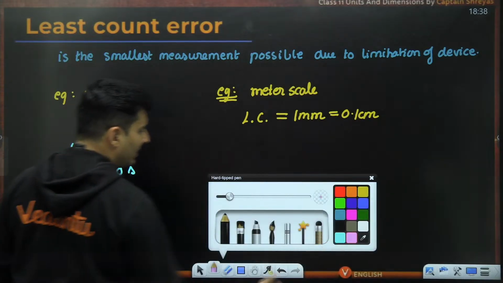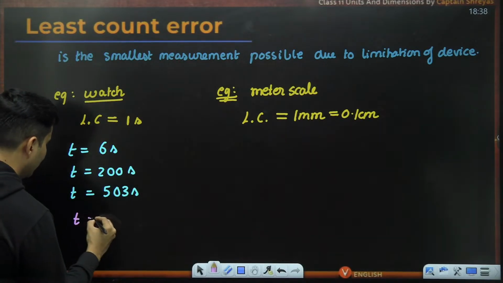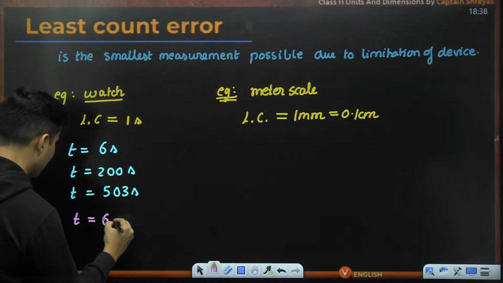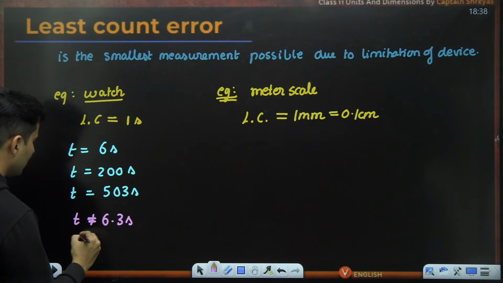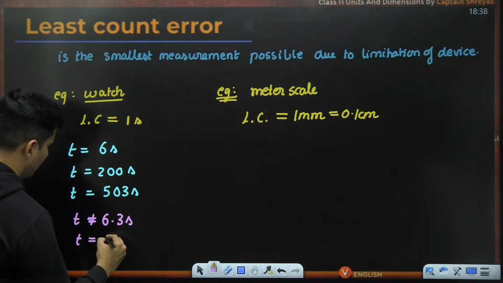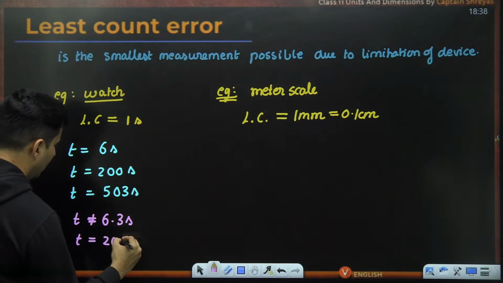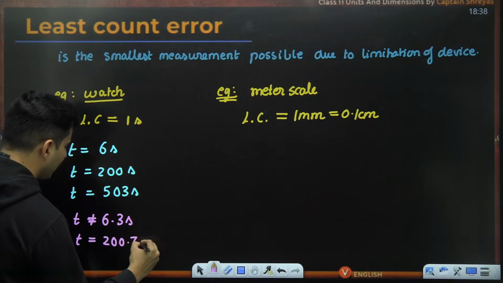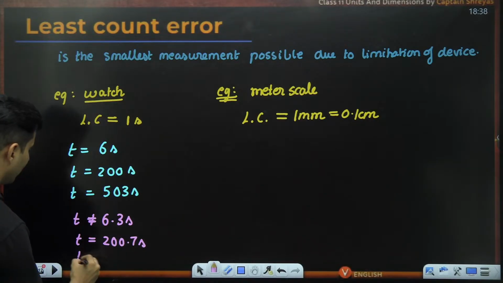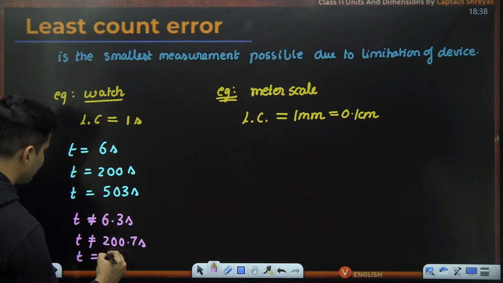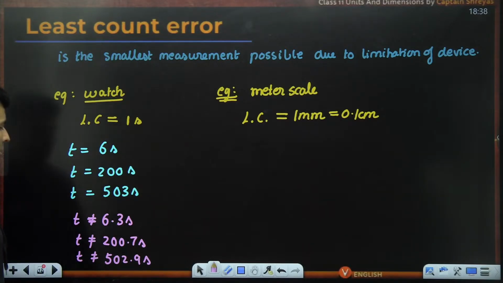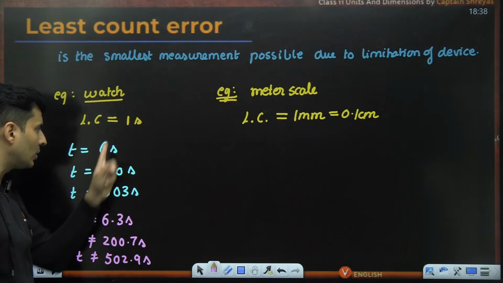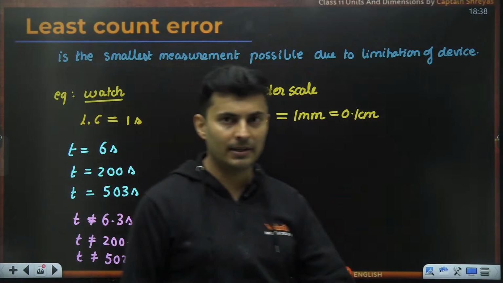But the person can never say that the time is 6.3 seconds. This is not possible with the particular least count. You can't even say the time is 200.7 seconds. You can't say that. This is not allowed. Or the time is 502.9 seconds. This is also not possible with this least count. The smallest value is only 1 second.